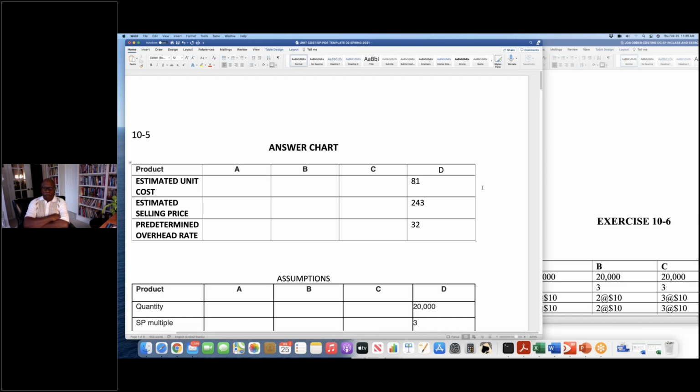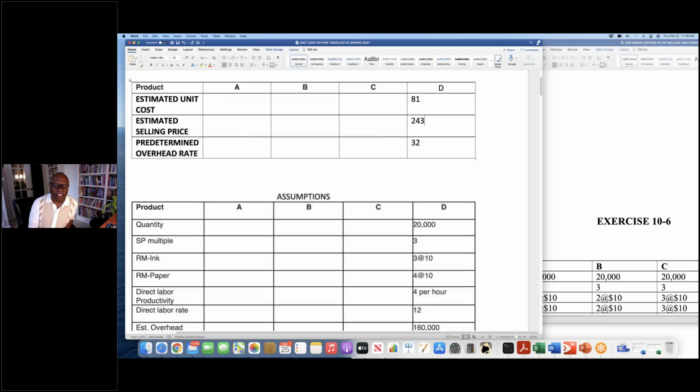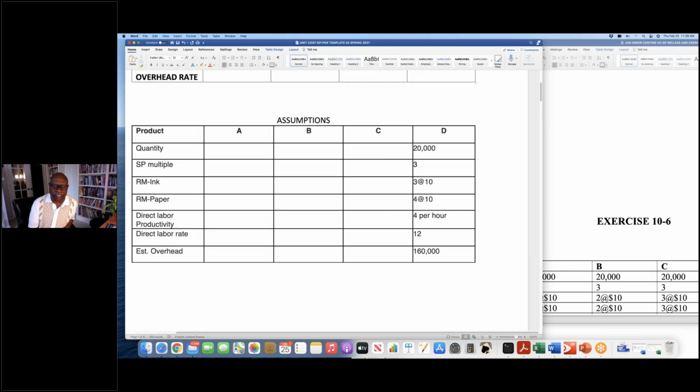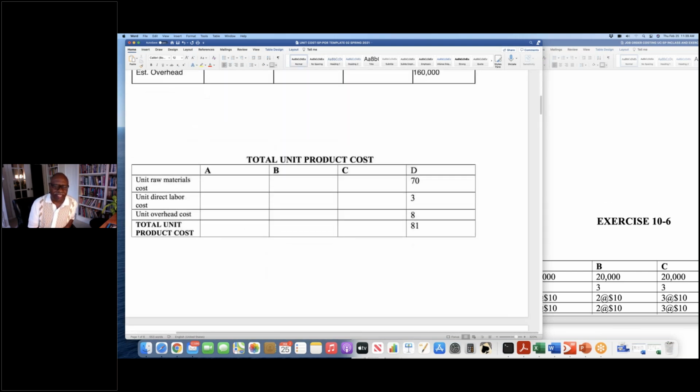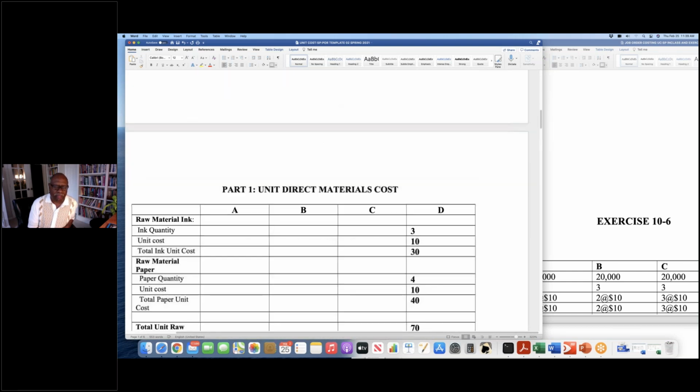So now we've done one. Most people should kind of have it now. Can you scroll down some? I just want to look over this one more time, please. All right, so answer chart, assumptions, total product cost, which leads back up to the answer I want.